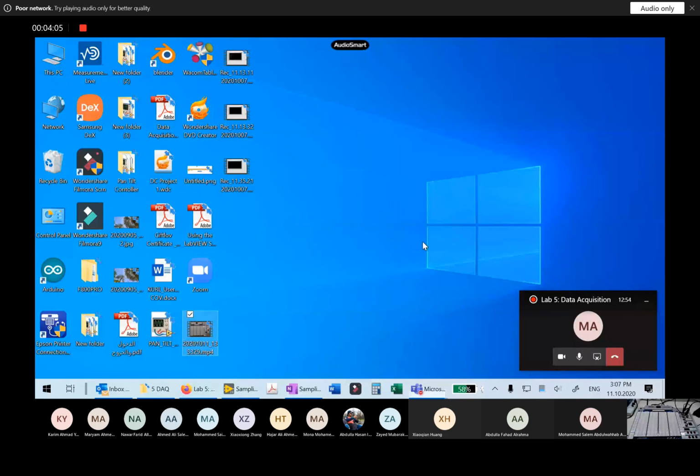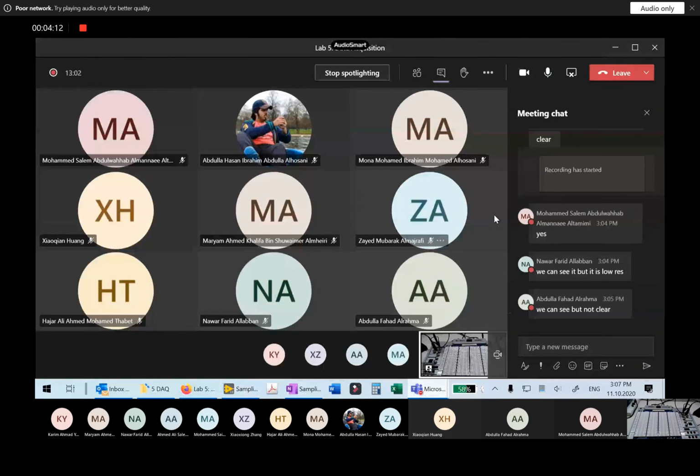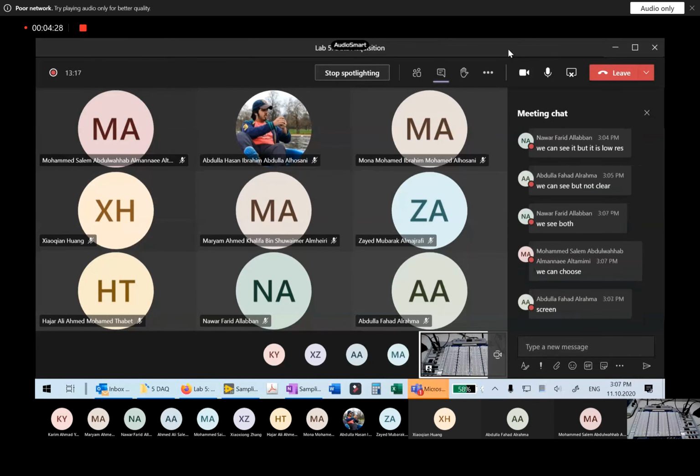Now you have two things: the camera and the screen. Which one do you see, Shabab? Do you see my screen or the camera? You can choose. Perfect, so this is nice.